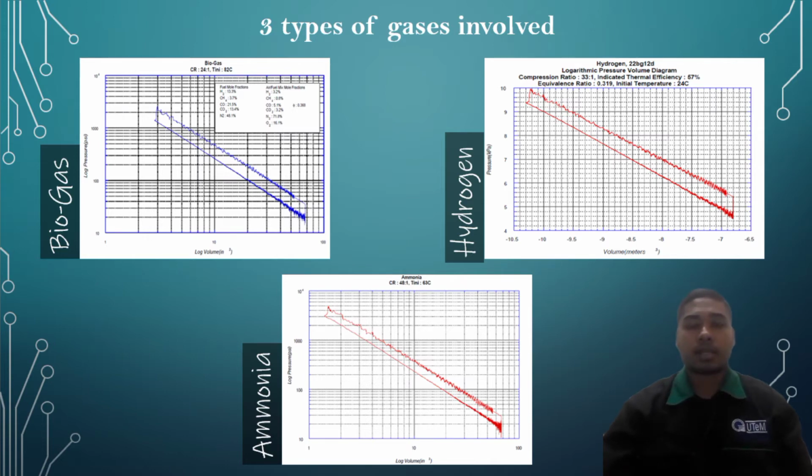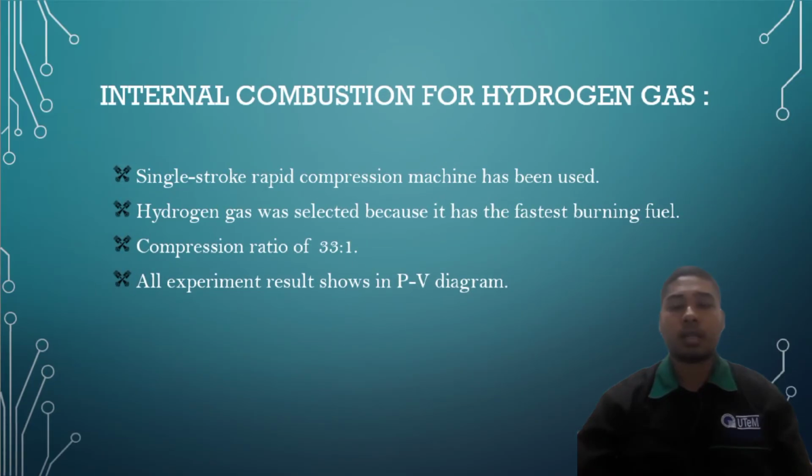All the gases have different initial temperature and compression ratio throughout this experiment, but here we're going to focus only on the hydrogen fuel combustion engine calculation, because hydrogen fuel has a quicker tendency to burn than the other two gases.